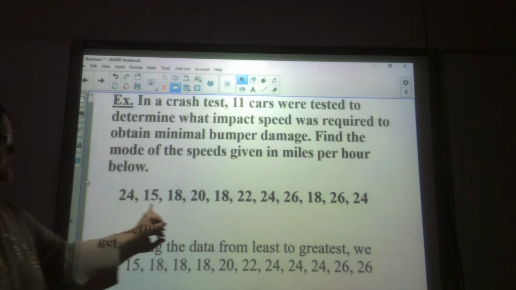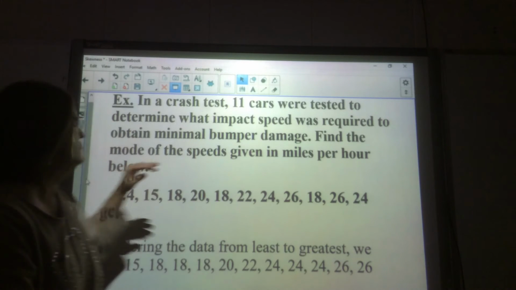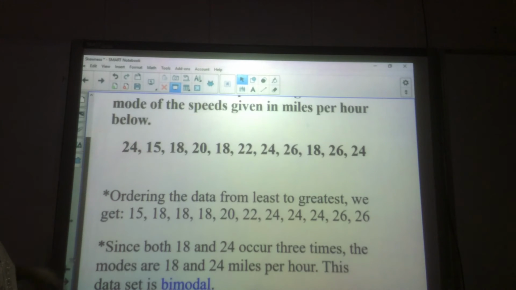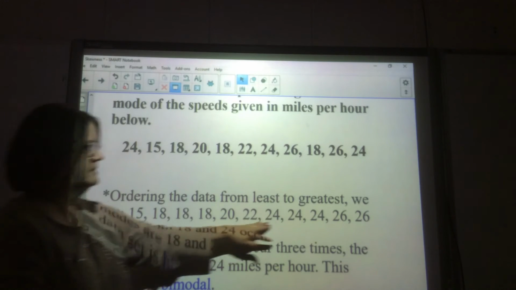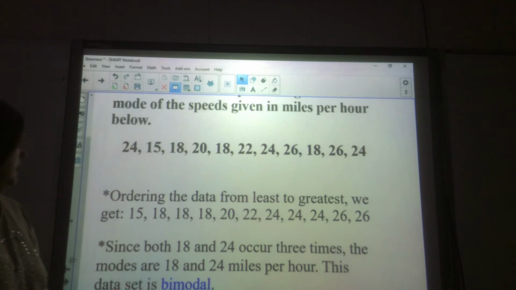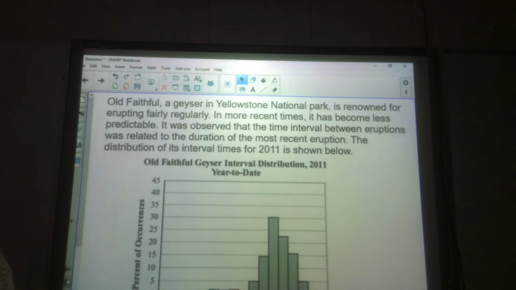If we order this data from least to greatest, we get this. Since both 18 and 24 occur 3 times, the modes are 18 and 24 miles per hour, and this data set is bimodal because it has two modes.